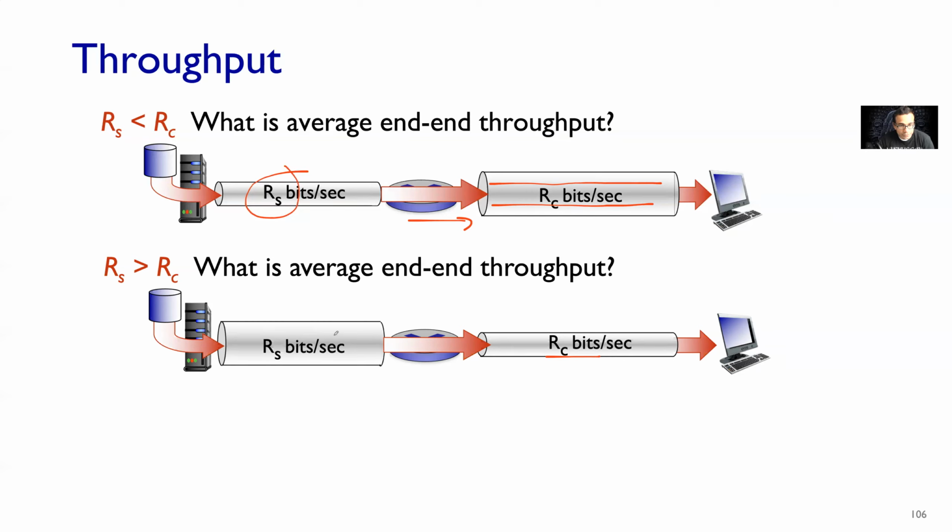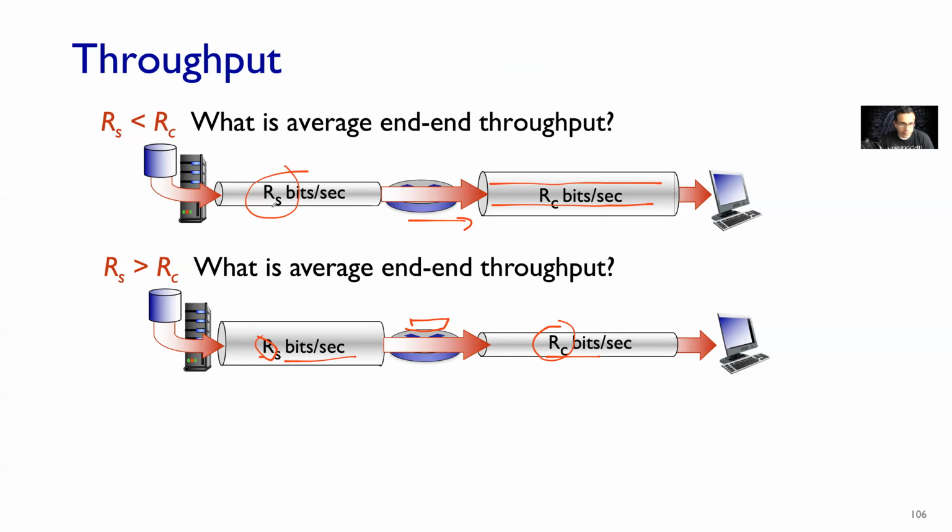Even if this server starts pushing data here at the rate of RS bits, this router can only send out RC of those. So if the server was indeed sending at this rate, some of those packets are going to have to be queued here, because the outgoing capacity is clearly lower. So yes, in this case, the end-to-end throughput would be RC.